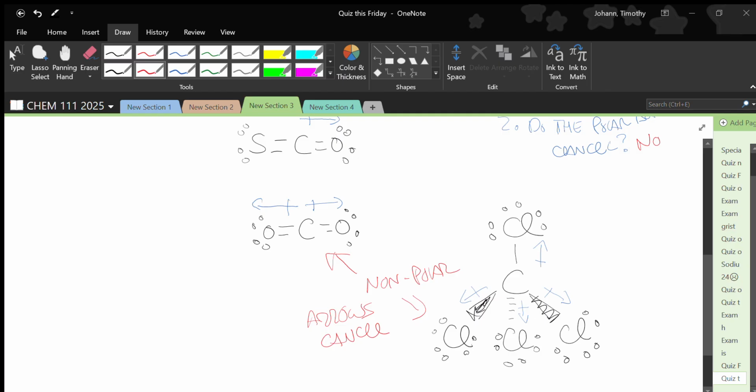Questions on that? Yes? So it's nonpolar because they're all pulling equally? They're all pulling equally. If we made these into x, y, z vectors and turned them into their x, y, z components, all those components would add up to zero. I don't know if that helps.